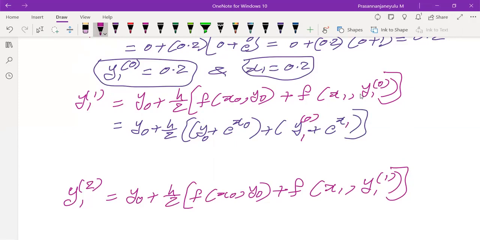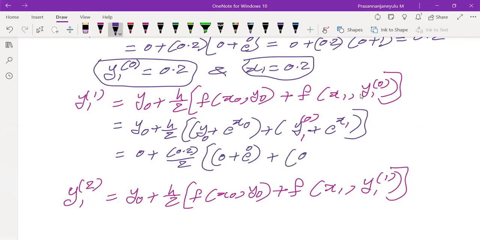So substitute all these values. Y naught value is 0 plus h value is 0.2 by 2 into y naught value 0 plus e power x naught value, which is also 0, plus the second term: the zeroth approximation of y1 is 0.2 plus x1 value is 0.2.